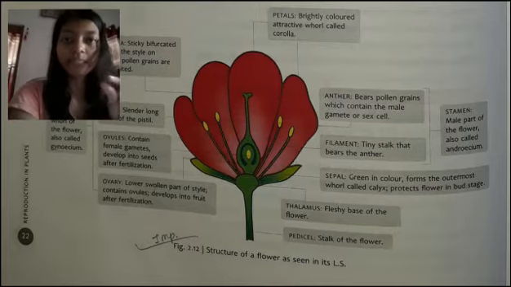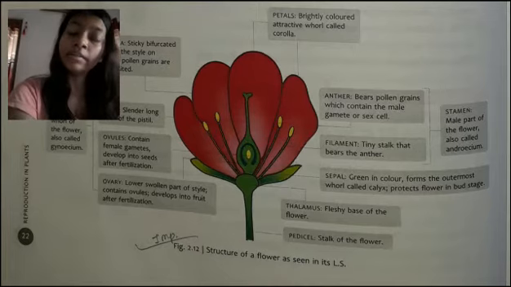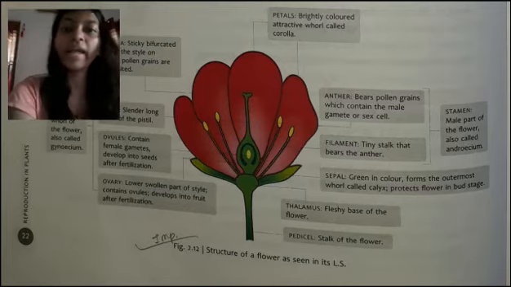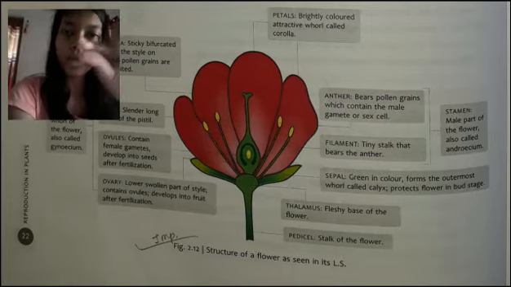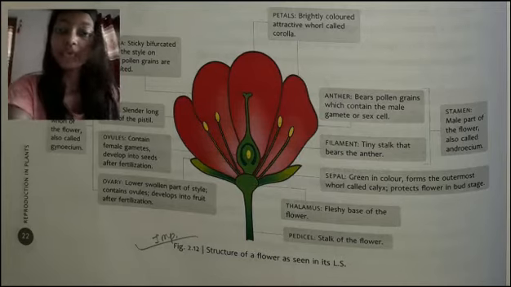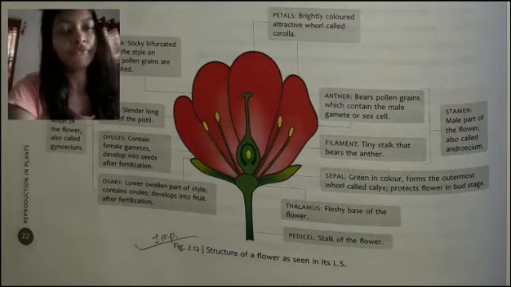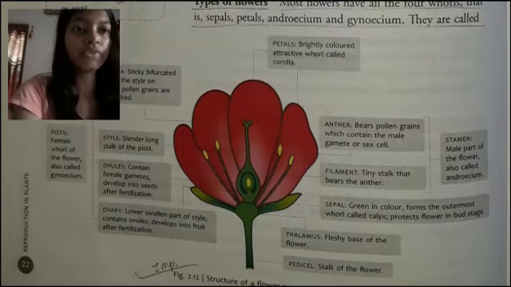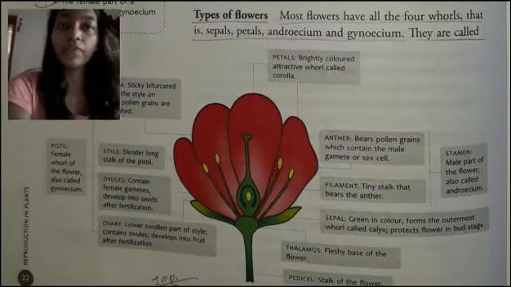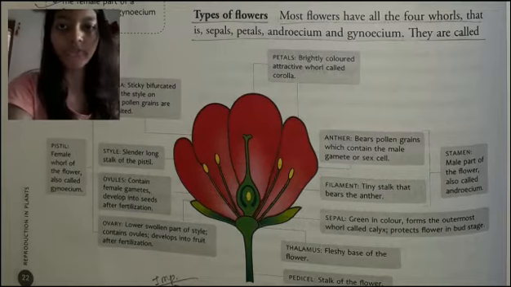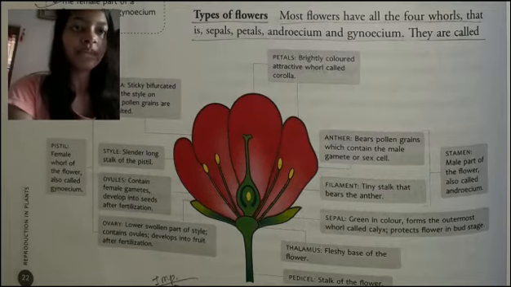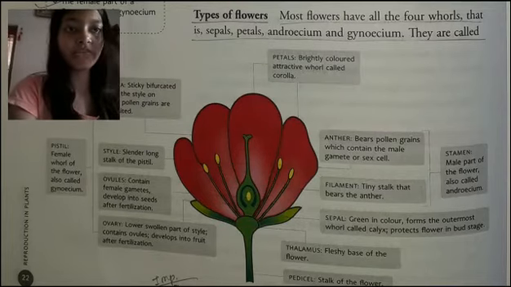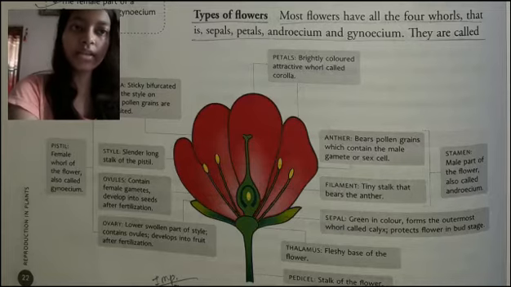In the branches of the trees there is a small bud, and from the bud a stalk grows; that is called the pedicel of the flower. Here the functions of different parts of the flower are written, so you can view it. The anther bears pollen grains which contain the male gamete or sex cell.